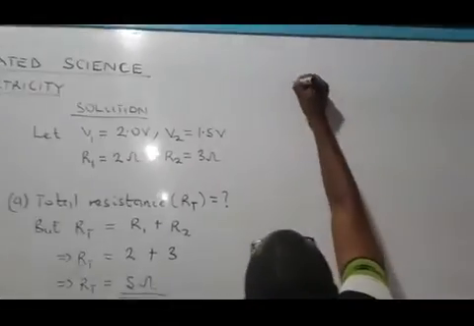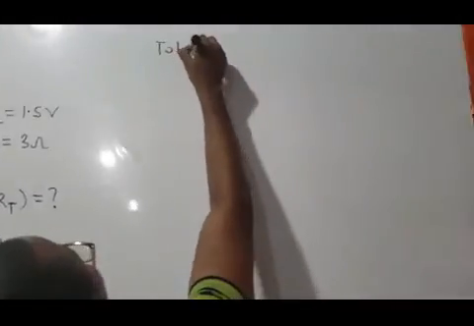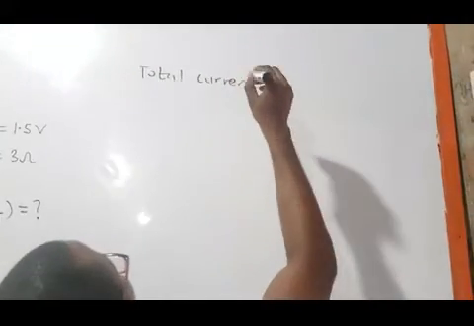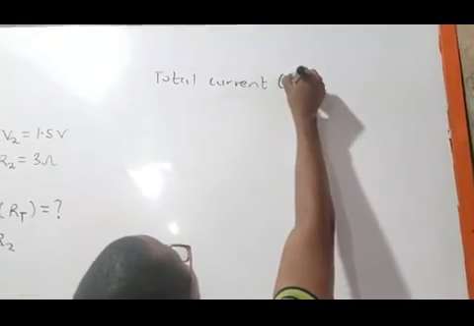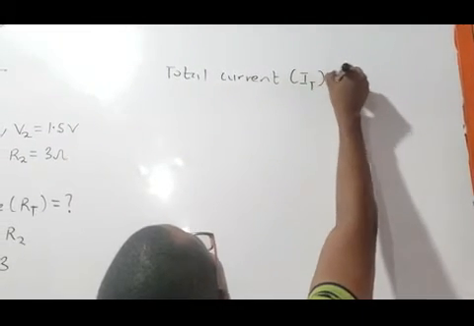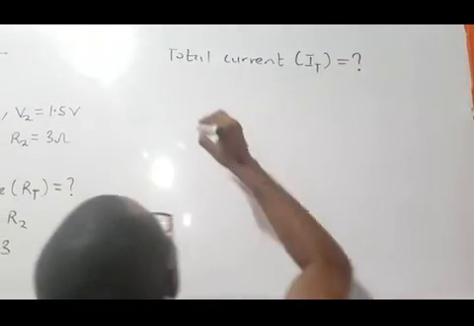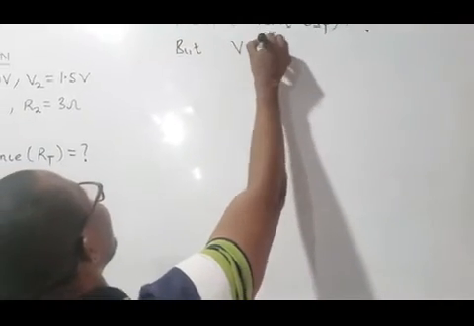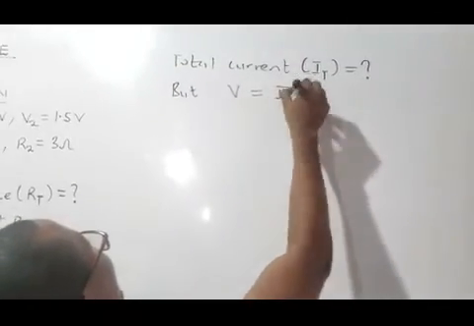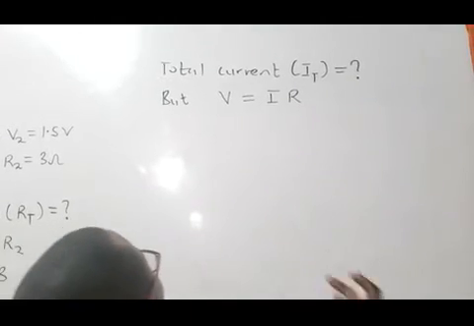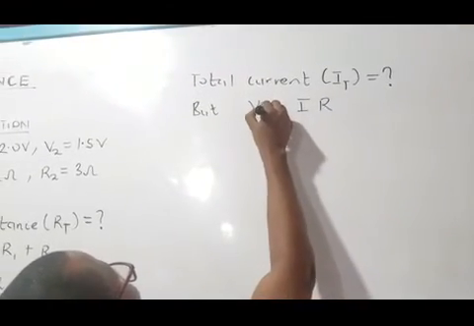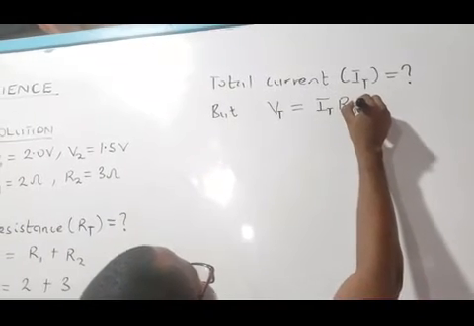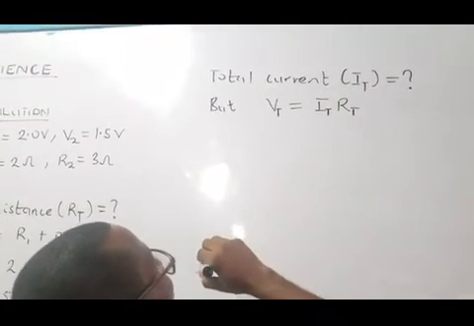So total current, that's IT. You don't know it. But from Ohm's law, the voltage is current times the resistance. Since we are looking at totals, we make use of the totals. So the total voltage will be equal to the total current times the total resistance.